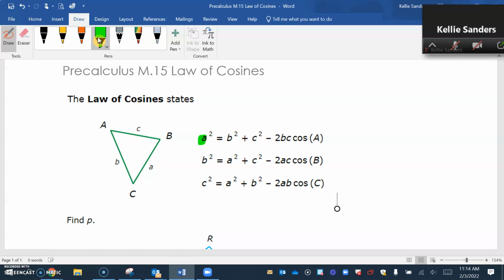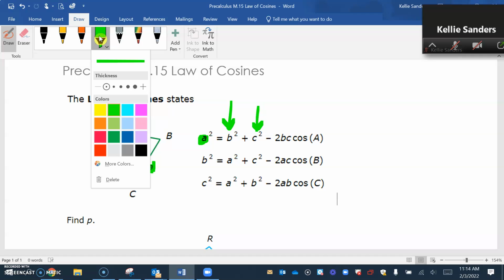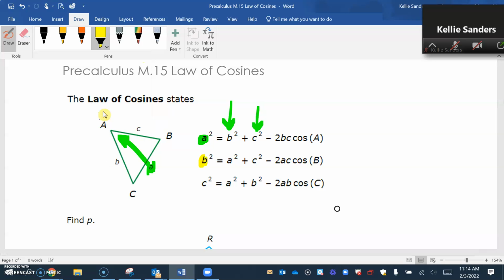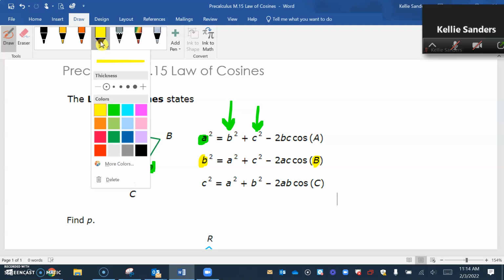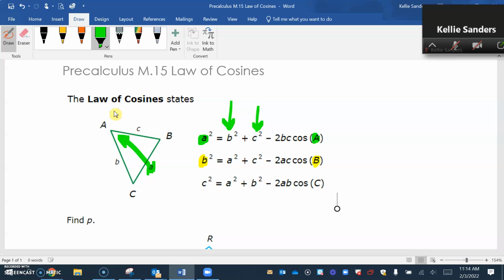So let's say that we're looking for A, and A is opposite angle A. You would put the 2 sides that they give us, square them, add them, and notice that if it's not A, then it's B, and B here, and A here, or C and C here.